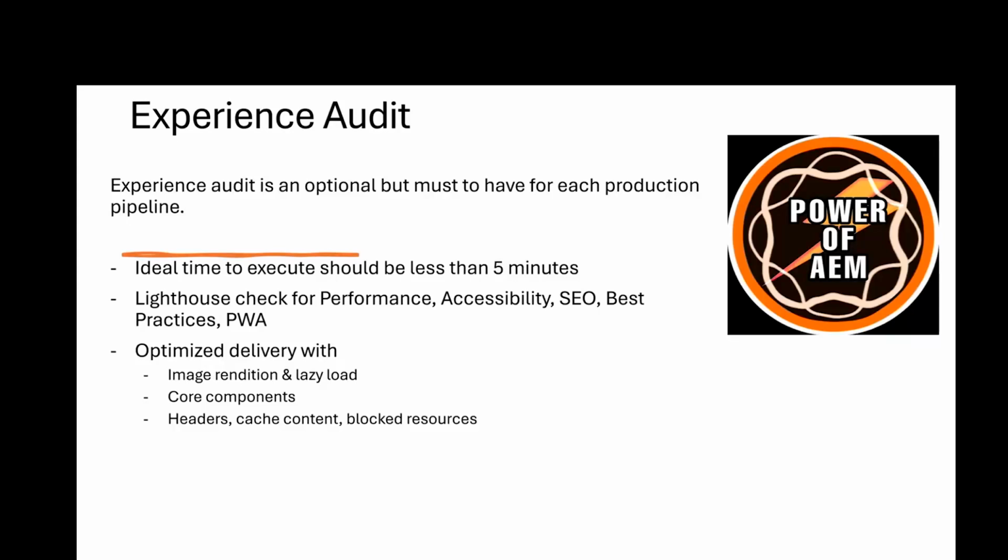In case you have multiple websites, think about how you want to go, because it will take extra time. One website against 5 websites generally takes more time. So you need to consider which website you want to execute, or include in the configuration of the experience audit.